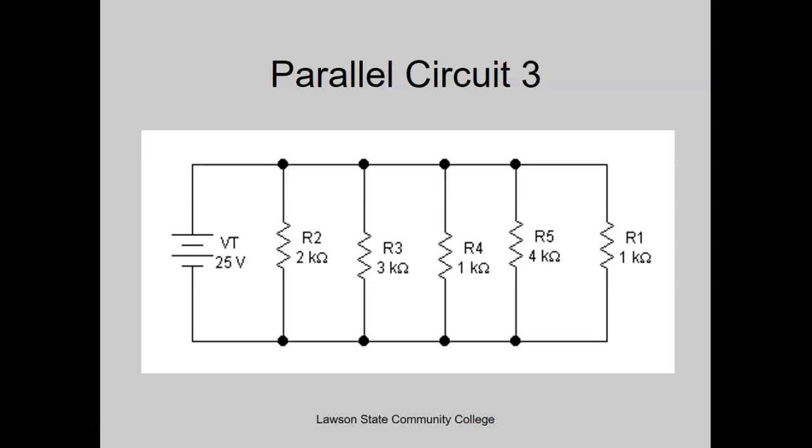All right, so I take my current total that I have found and divide 25 volts by my current total. What is my resistance total? Is it anything like what we found using our conductance? What you got?